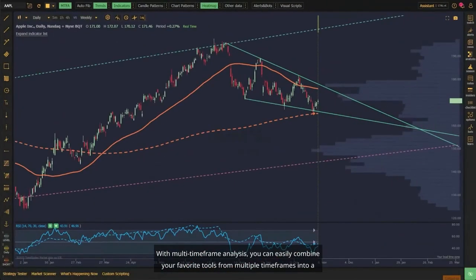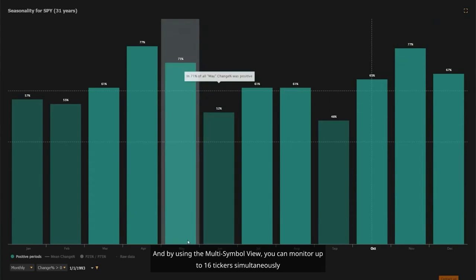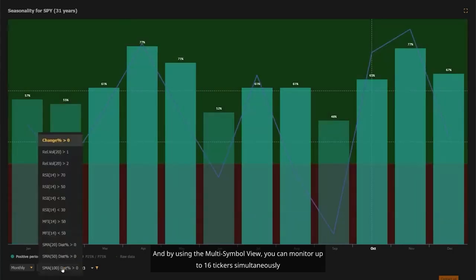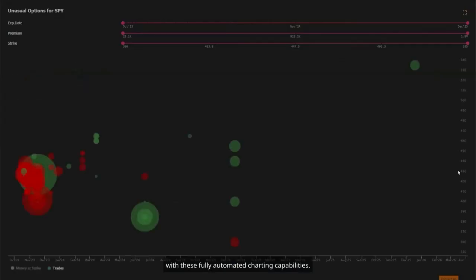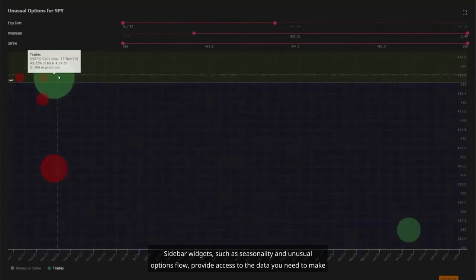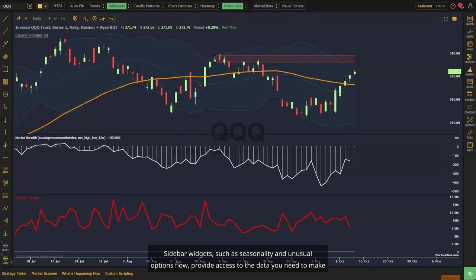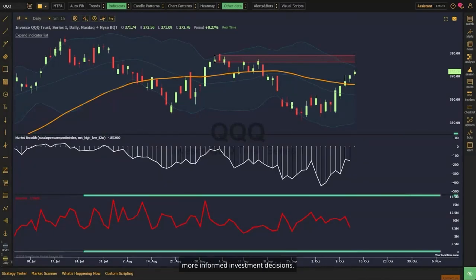With multi-timeframe analysis, you can easily combine your favorite tools from multiple timeframes into a single chart. And by using the multi-symbol view, you can monitor up to 16 tickers simultaneously. With these fully automated charting capabilities, sidebar widgets such as seasonality and unusual options flow provide access to the data you need to make more informed investment decisions.